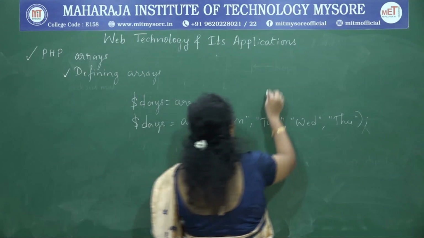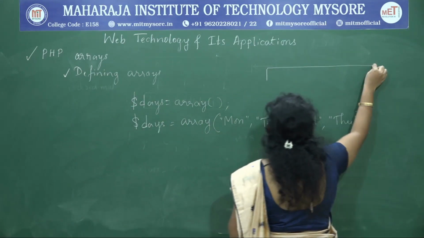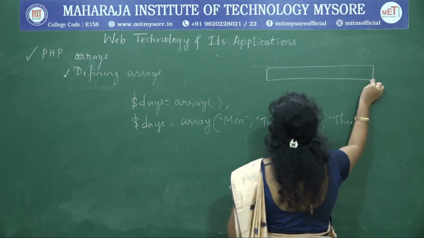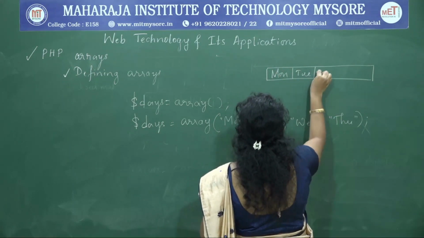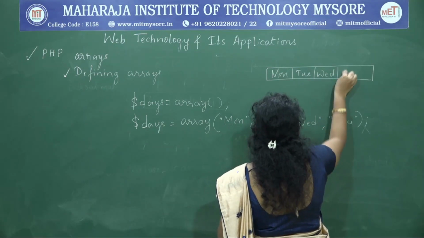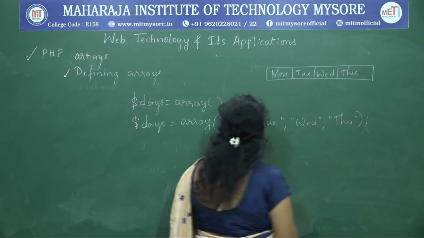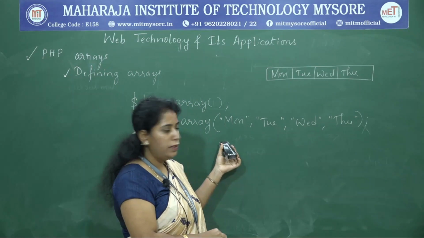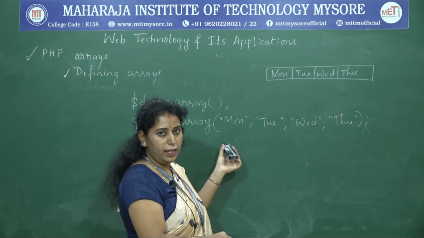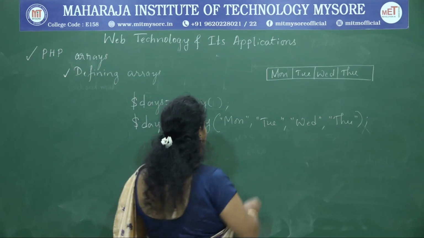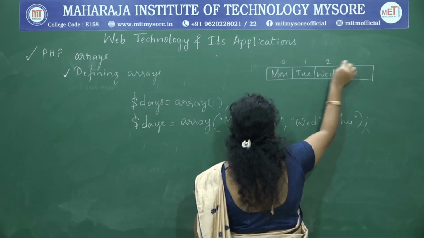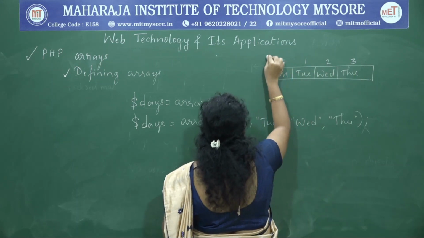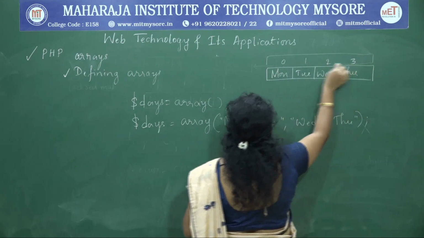So by that time, how actually array looks like? Monday, Tuesday, Wednesday and Thursday. We have not specified explicitly keys for an array. What happens? It begins with index 0, 1, 2 and 3. So this is what the keys for this array.